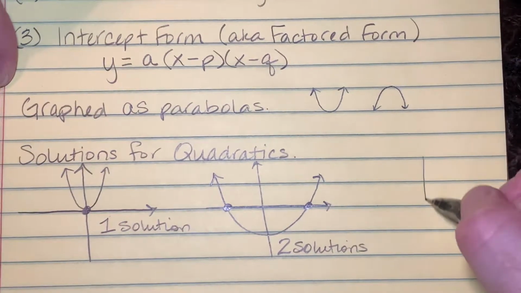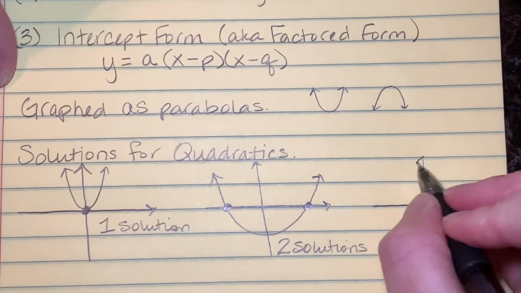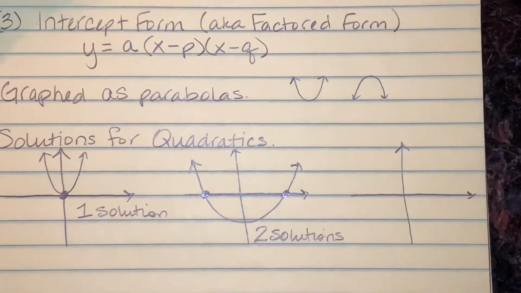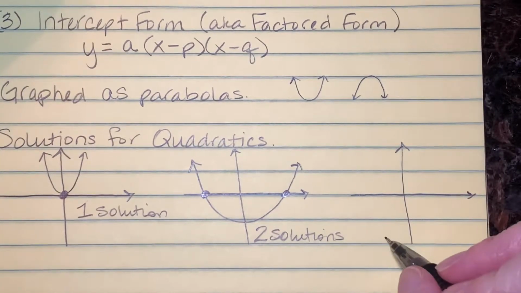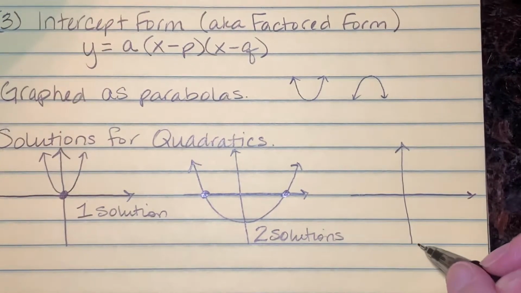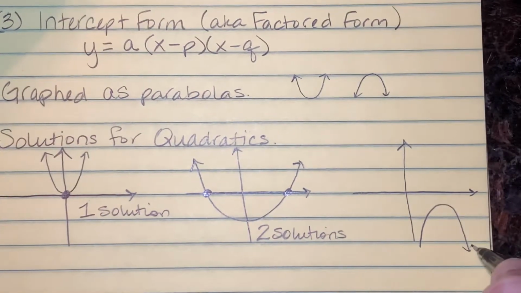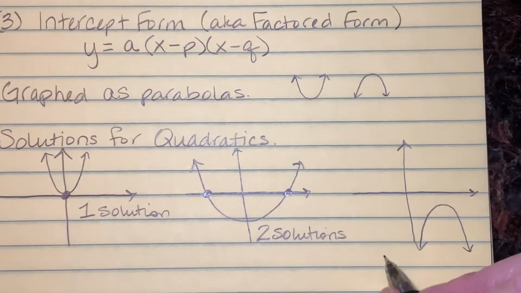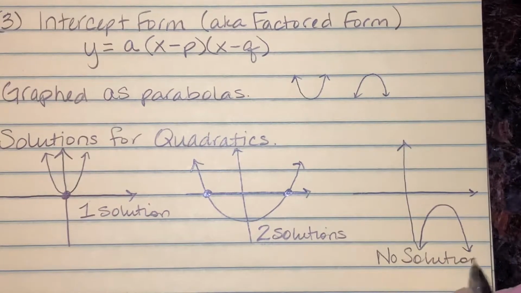And our third possible quadratic solutions is, well, what if it's a downward facing parabola, perhaps? Could also be upward. But let's say it's a downward facing parabola that goes like this. And maybe it doesn't even ever cross the x-axis. This is one where there's no solution. Right?